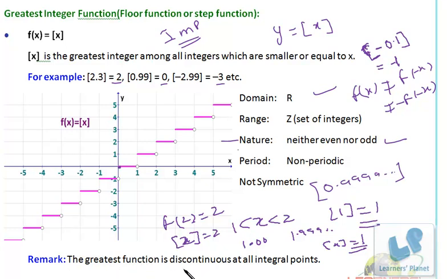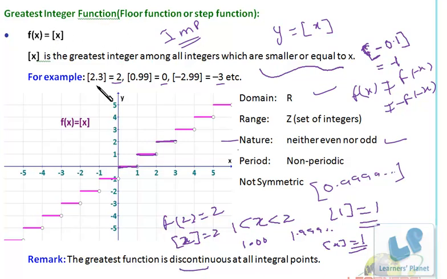Now discontinuous, that means the graph is not continuous. You can see the breaks. That means if you are going to draw the graph, you need to take out your pen, right? If I draw the graph, I take out my pen, then I draw the other line, I take out my pen, then I draw the other line. That means it is a discontinuous graph, right? This sort of graph, these are continuous graphs, but this graph is discontinuous. So greatest integer function is an important function, okay?